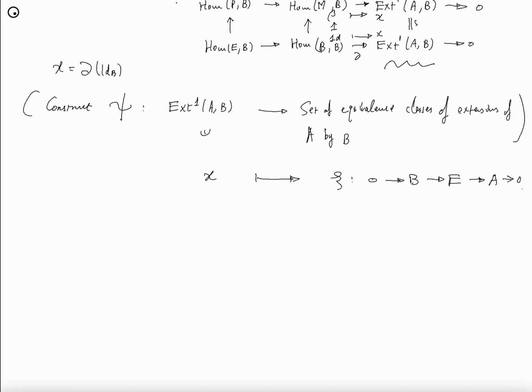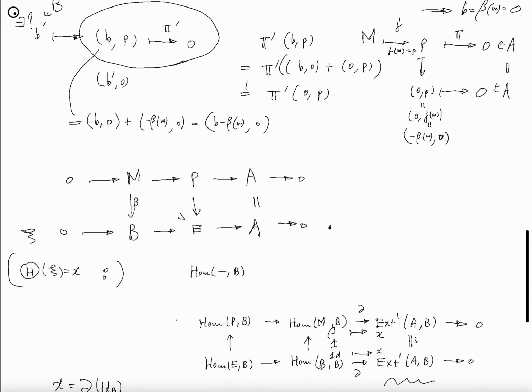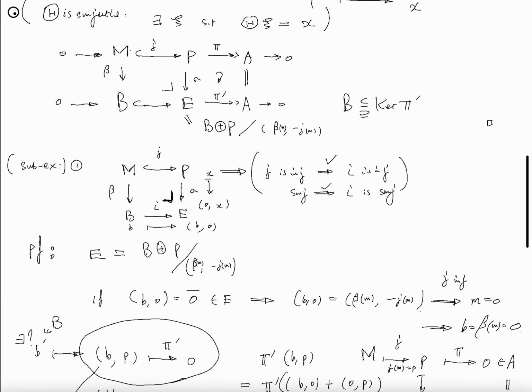Because how did you do that? Recall that from X we choose one lift that is mapped to X under that arrow here.